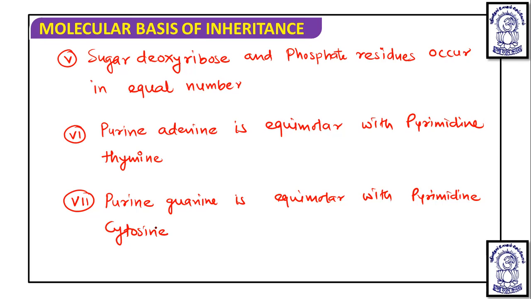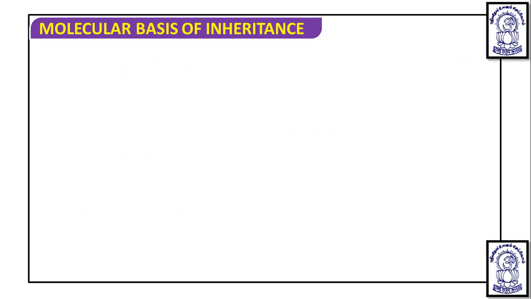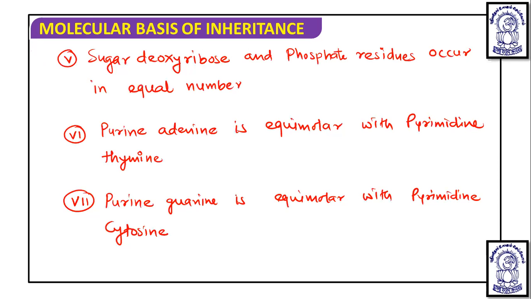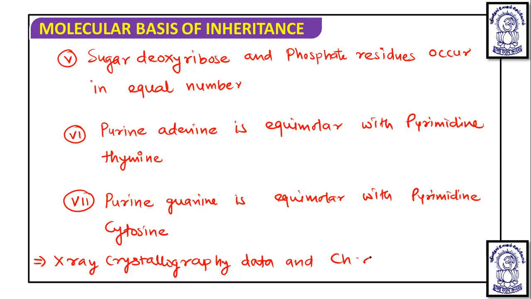Now, these two investigations helped the derivation of the structure of DNA. So here we can write that X-ray crystallographic data and Chargaff's rule helped in derivation of DNA structure.